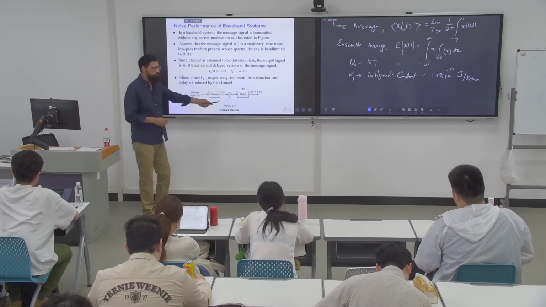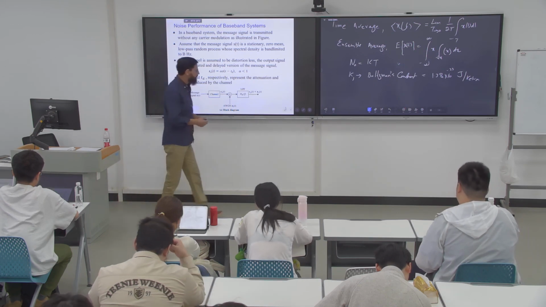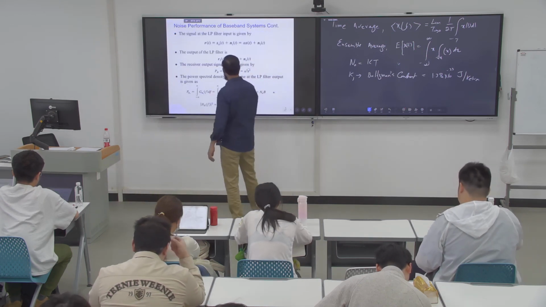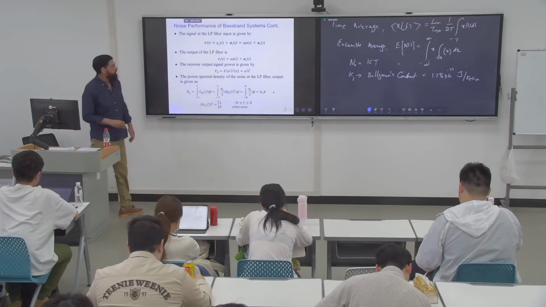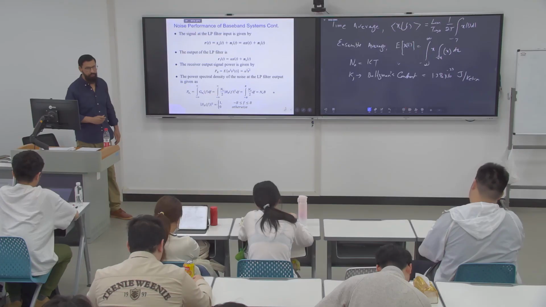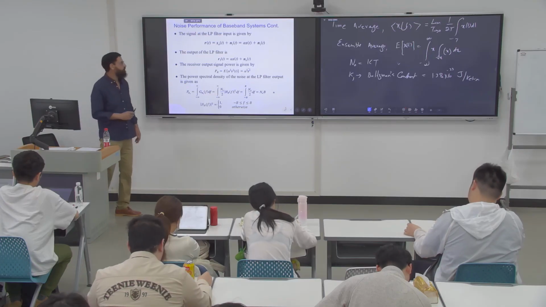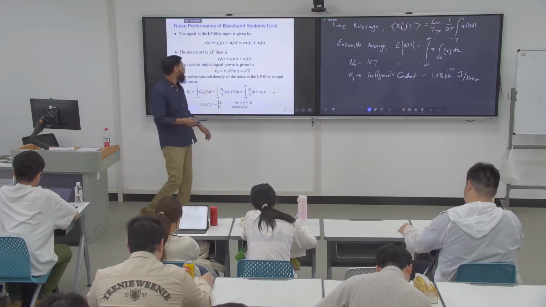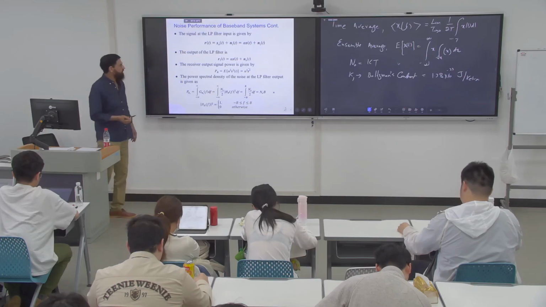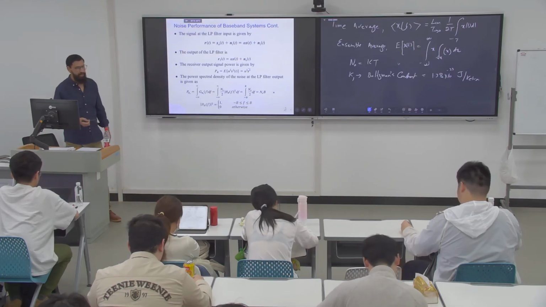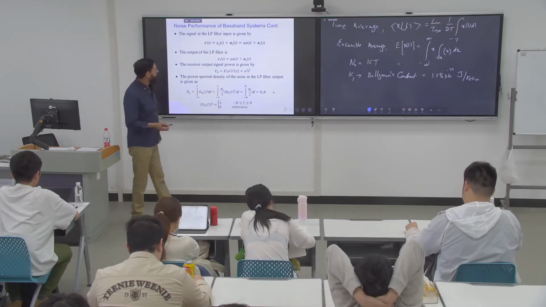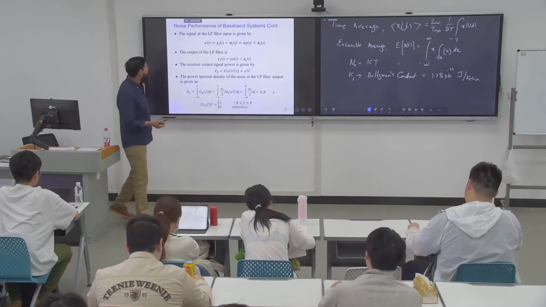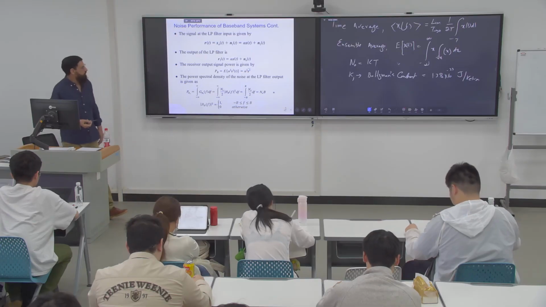So here is that baseband signal with the noise. The received signal r(t) is equal to s_o plus n_i, which is alpha s(t) plus n_i.